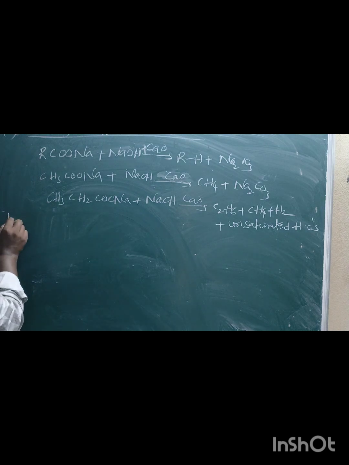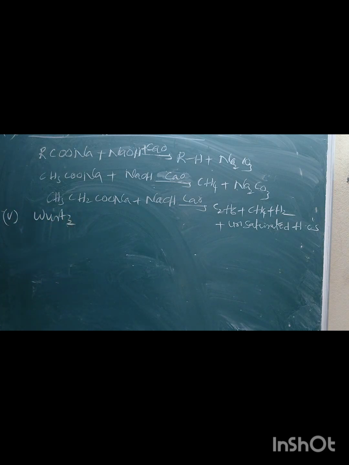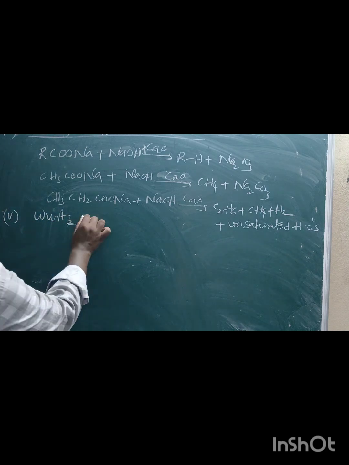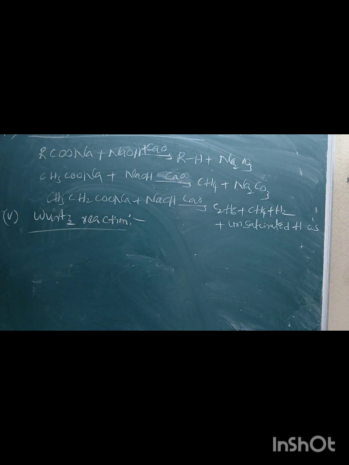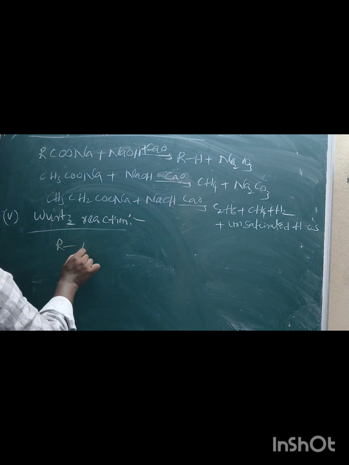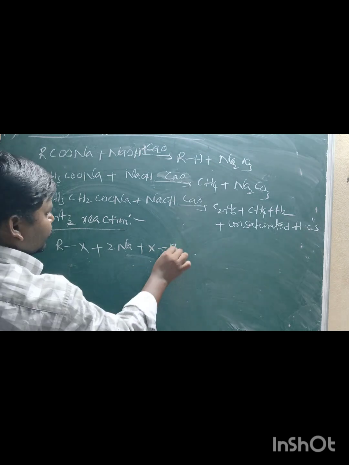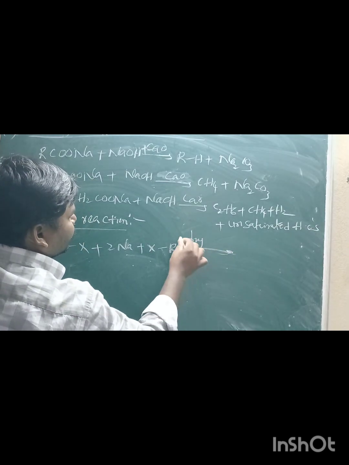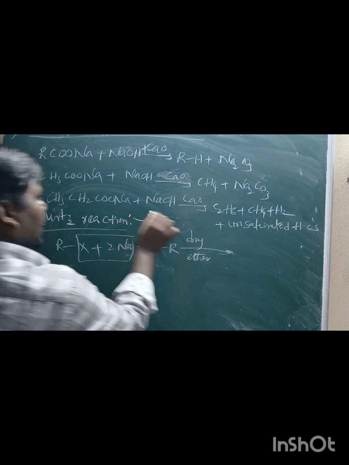And the fifth one is the Wurtz reaction. It is also one of the methods to prepare alkanes. When alkyl halides react with sodium metal in the presence of dry ether, they form an alkane.